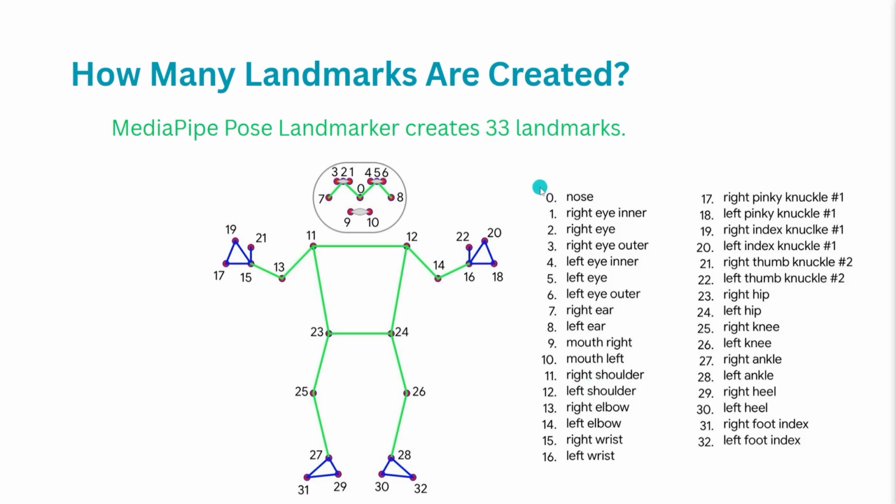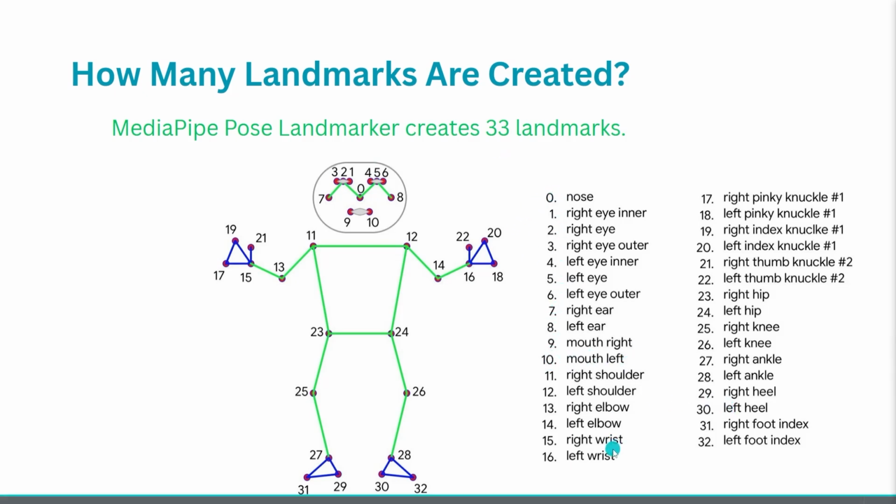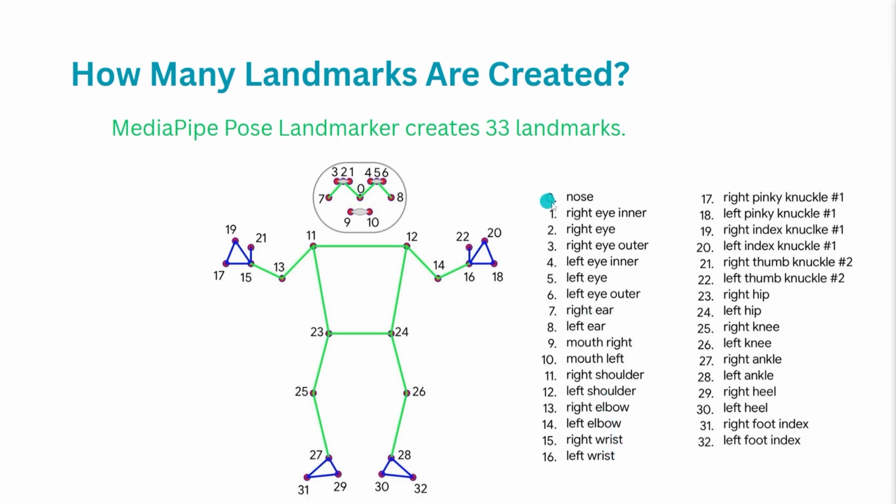In our previous tutorials, we already learned about hand landmarks. The hand landmark model detects 21 hand landmarks, but Pose Landmarker creates 33 different landmarks. And every landmark number represents a part of our body. So, if we use 0, then it represents our nose. If we use 10, it represents mouth left.